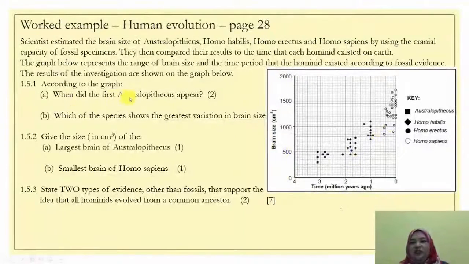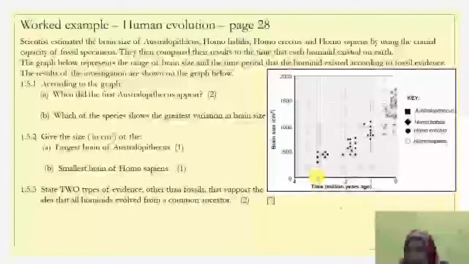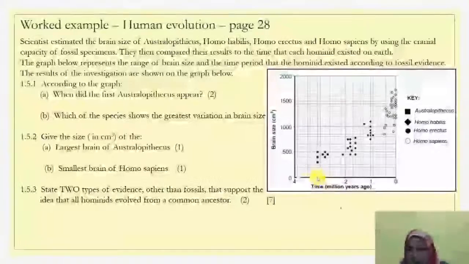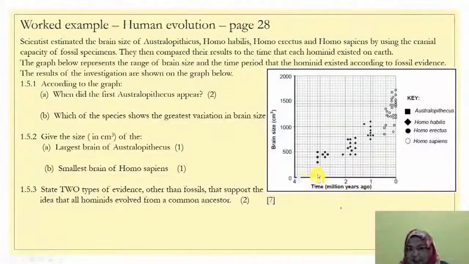So when did the first Australopithecus appear? Look at the time here. We have to read it from the graph. So this is 3 million years to 4. What line is this? Is it on 3? Just be careful. Is this line on 3? It is.